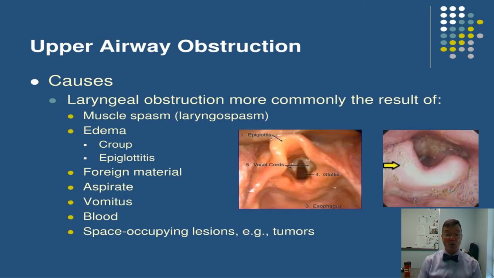That's another course where we'll talk about how to break laryngospasm. Sometimes you can have edema from croup or epiglottitis. Occasionally you have children or even adults that have swallowed something that's stuck in the back of their throat and obstructing it. You can have somebody aspirate from vomitus or even bleeding, such as with a tonsil. And occasionally you'll have a tumor, but that's less common than the others.